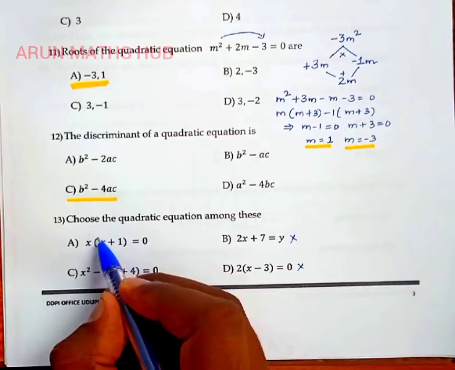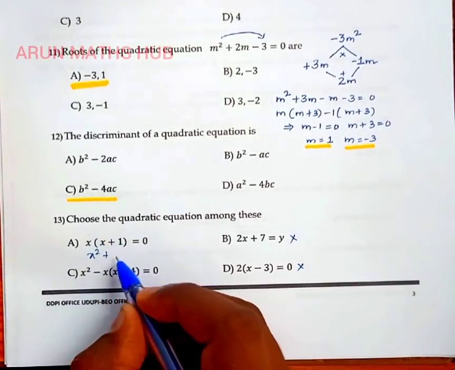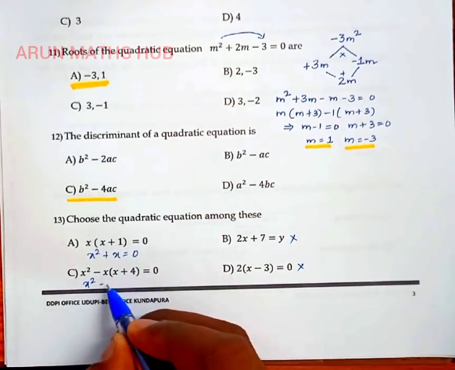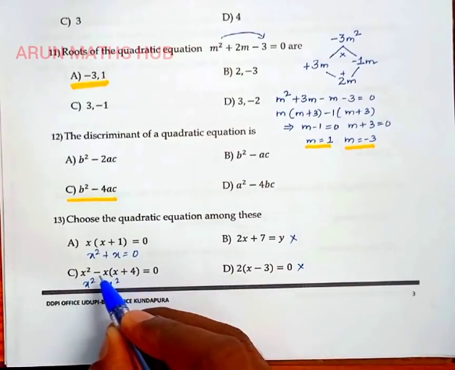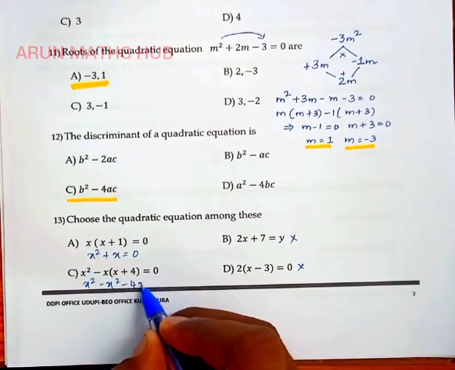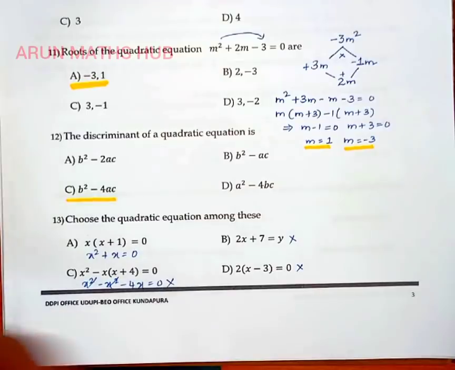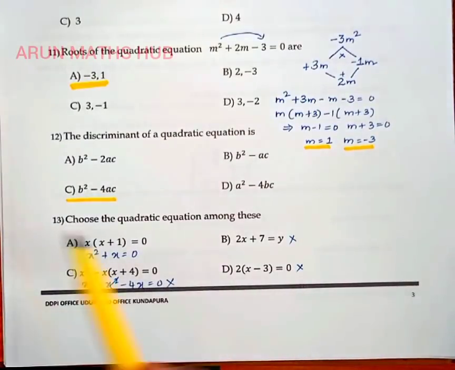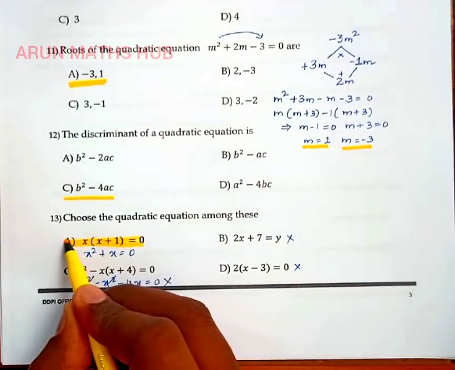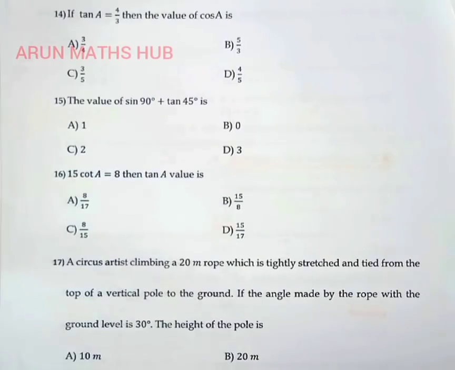Now we should check options A and C. Multiply and simplify: x into x square, x into 1 is x square; x into x square plus 4 into minus x, we get minus 4x equals 0, plus x square minus x square will cancel out. Now option C is also incorrect because it is a linear equation. Therefore the correct answer is option A. x into x plus 1 equals 0 is a quadratic equation in variable x.